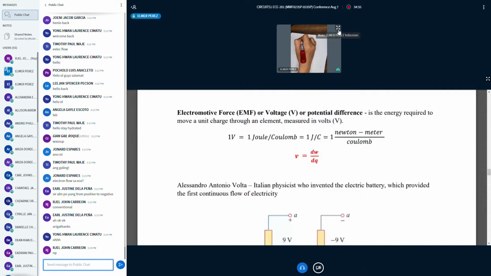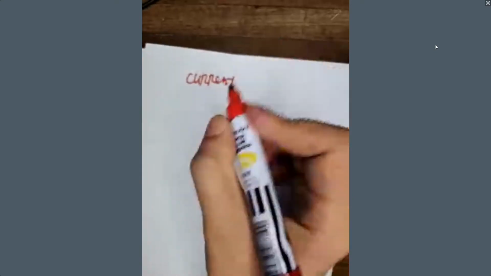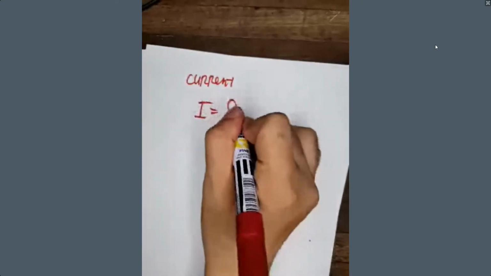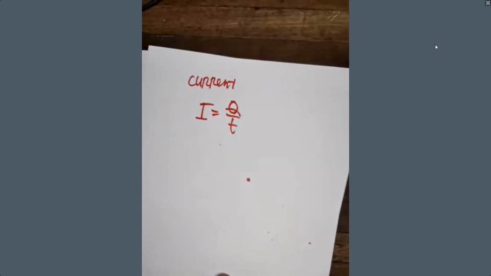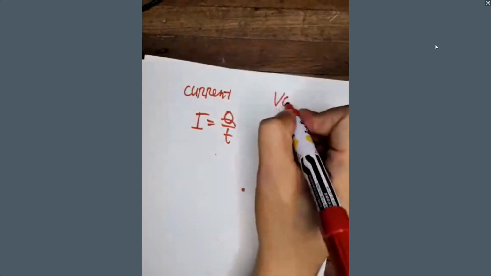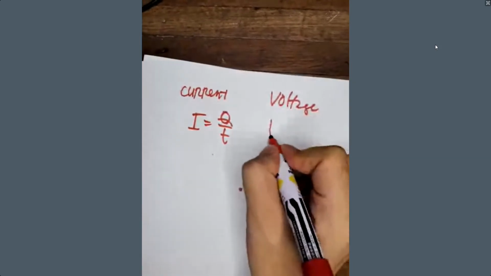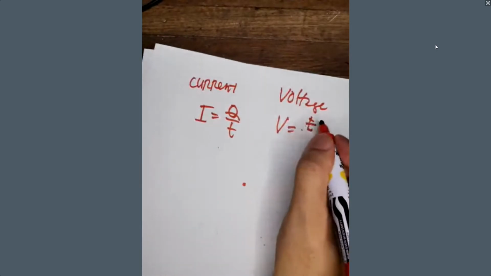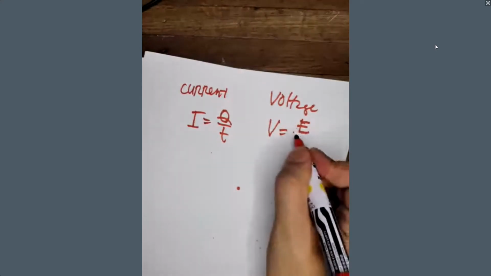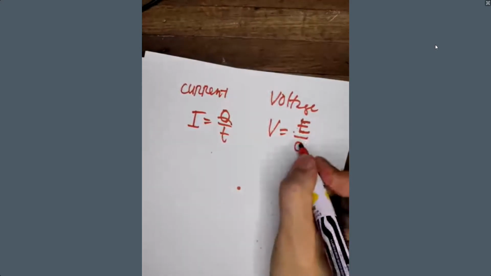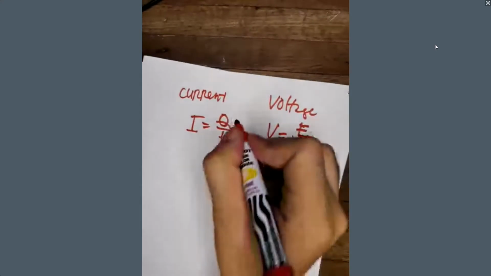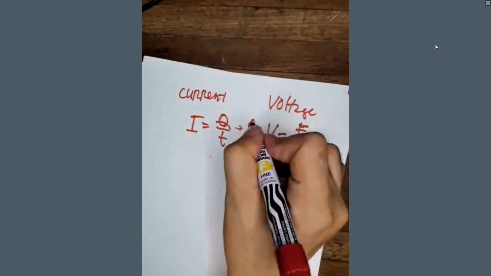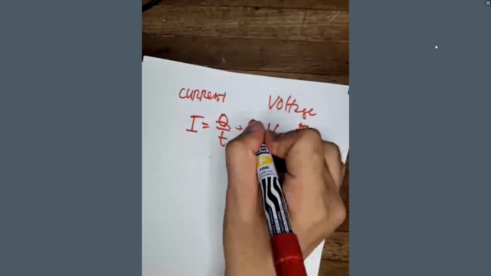Okay, may mga quantities lang kailangan sundan. Diba, ang current is charge over time. Pero pag voltage, voltage is energy over charge. That's why this is coulombs per second.